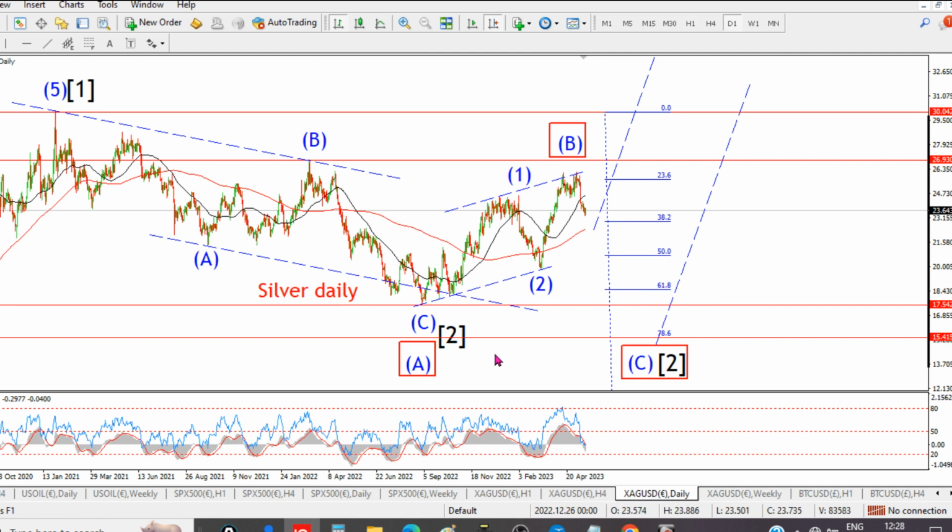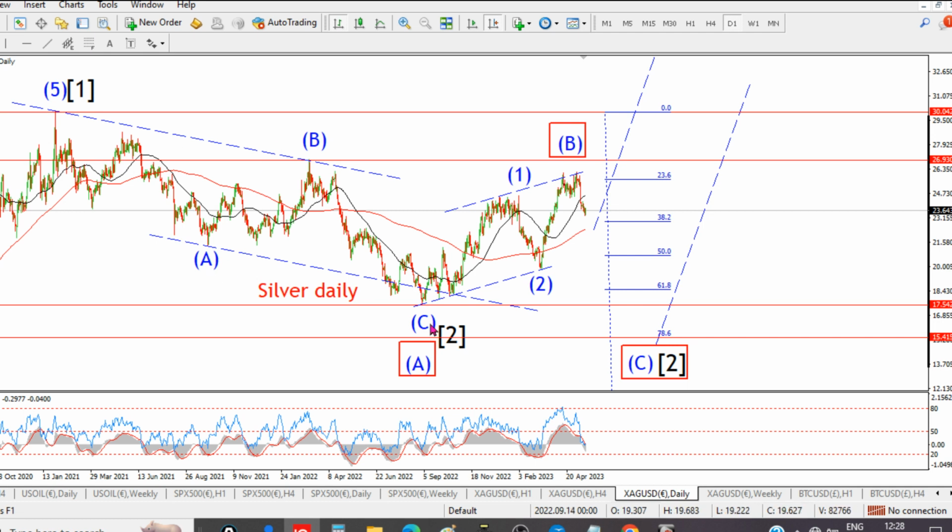Now, I think I should also state that there is this, well, not horrible, not unrealistic, let's say, alternate count here for silver. And that not unrealistic alternate count is hinging on a pretty solid pattern also.